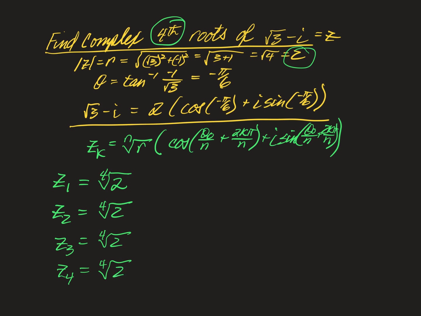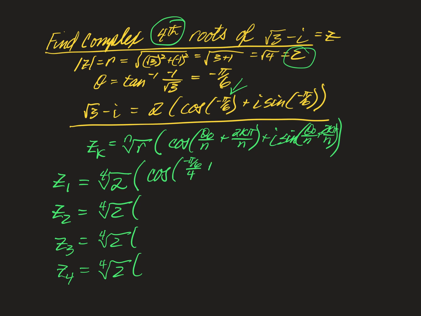So I just write that down, okay? Then the next thing that I have is I'm going to have cosine. And so what's the original angle? Well, the original angle theta is negative pi over 6. So I'm going to have cosine of negative pi over 6 divided by 4, which is negative pi over 24, okay?